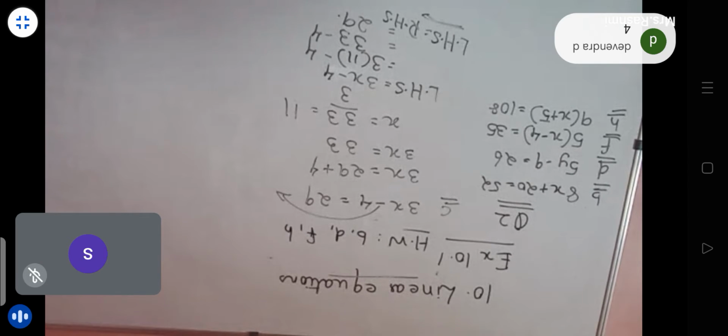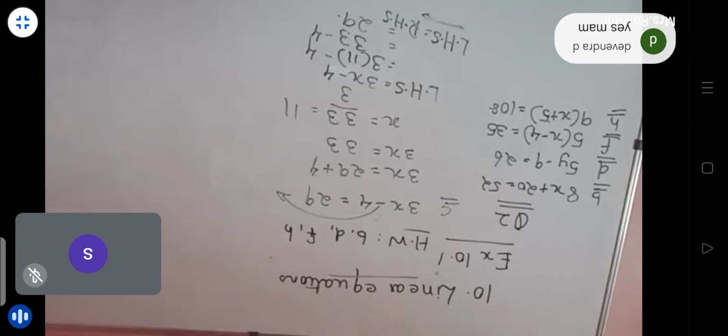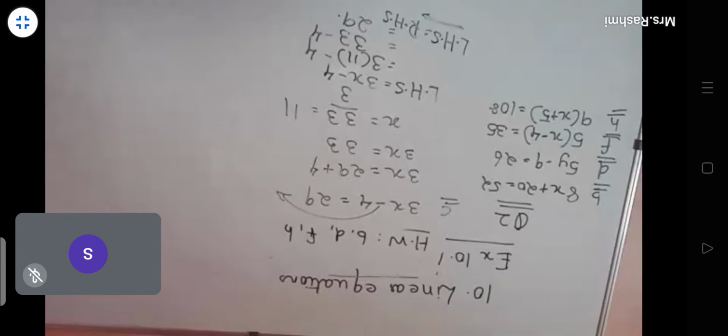Has everybody completed, students? Yeah, ma'am. I also got it, E1. Very easy. Devendra has solved the sum. Very good. Ah, you also got it. Very nice.